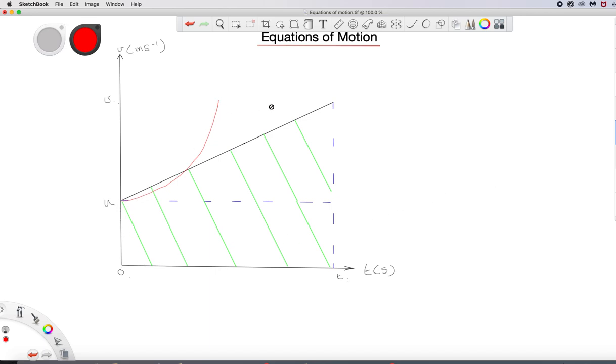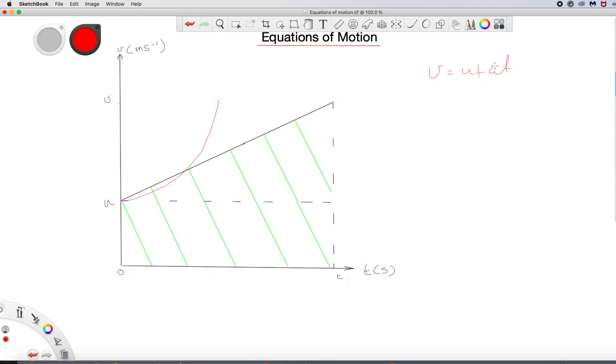You can see in this graph, if I was to say, well, the equation of motion v equals u plus at, does v equal u plus at?